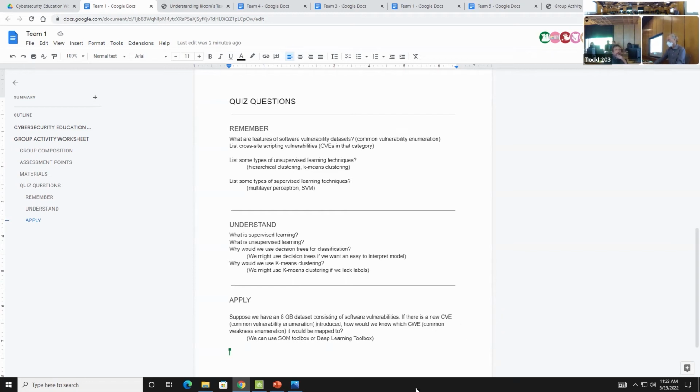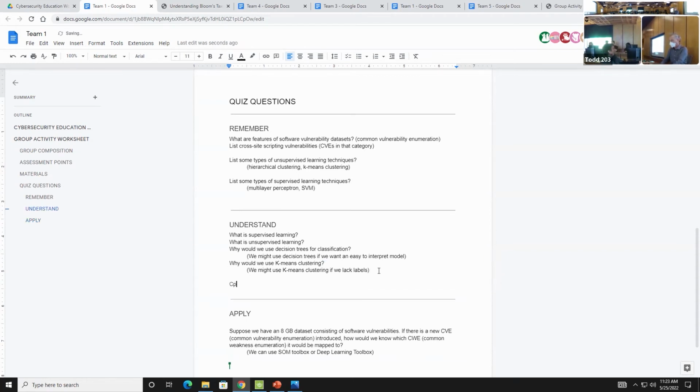And then at apply, maybe use SOM Toolbox: given this data set, use SOM Toolbox to do this with it. And then to create, maybe you'd say, write your own tool for doing this. Yes. Create your own tool.